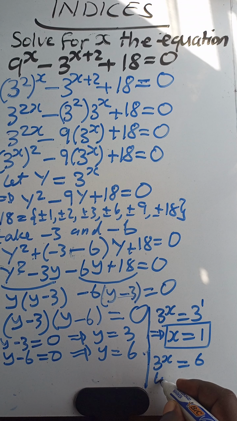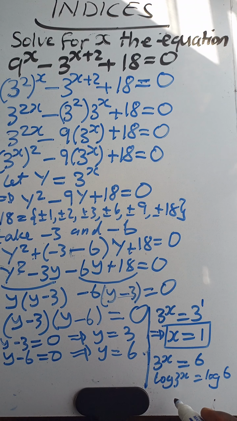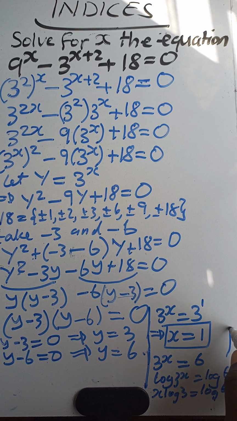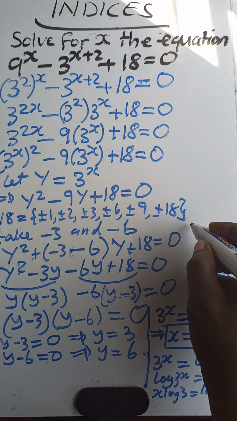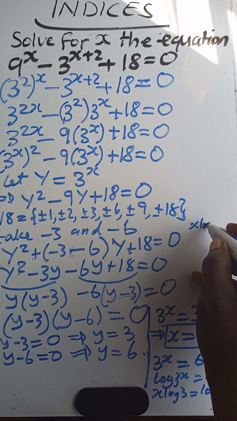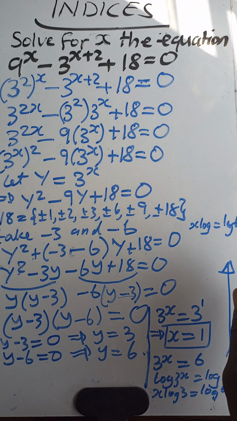So if we take log of 3 to the x and log 6, this will give us x log 3 is equal to log 6.